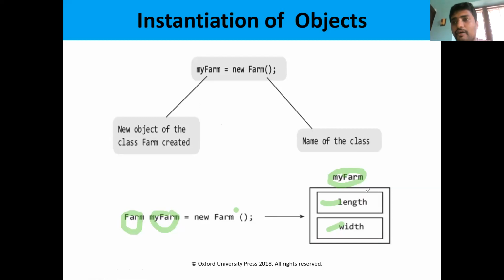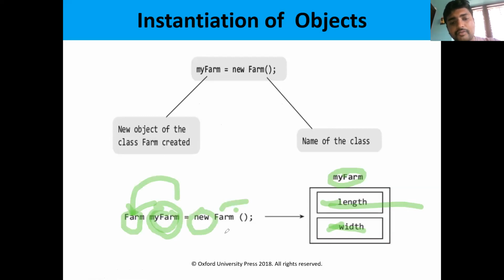Form means we have length and width variables. For length, some memory, and for width, some memory is assigned. So this is the creation of object. myform is an object of type form. Form is a class name, new is an operator, and form is a class, or we can call it a constructor.